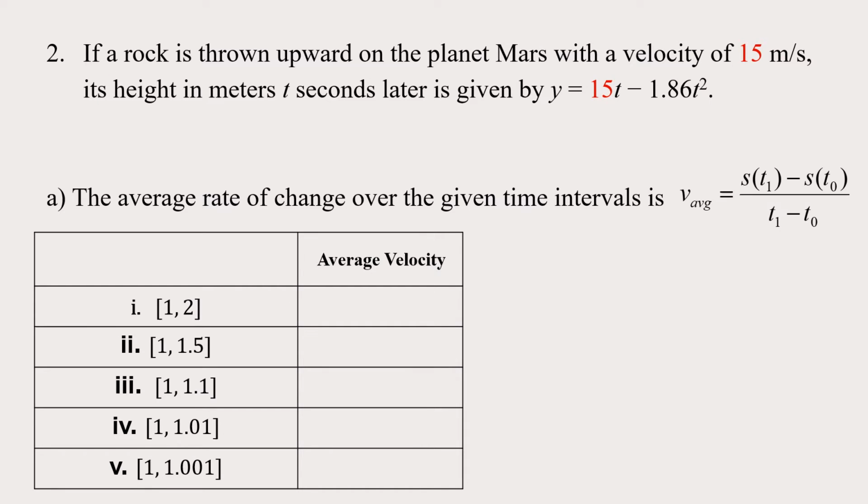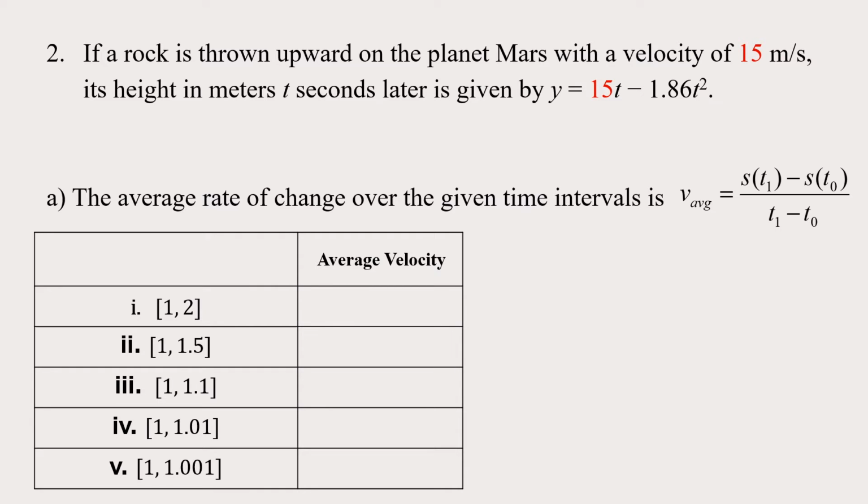Now we can start getting into some calculus. So the goal of this problem is going to be to approximate the slope of the tangent line, so that instantaneous velocity, by finding subsequent secant lines, which give us that average rate of change. So let's take a look at this.